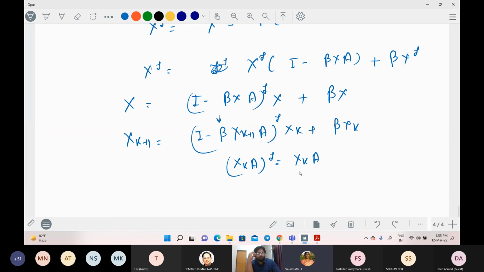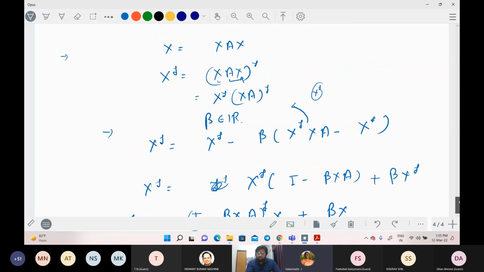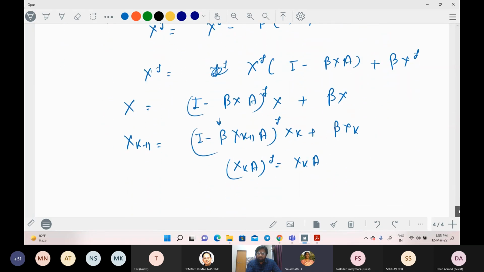Whatever you have given, x star is equal to x star, when you equate both sides. But when you take it as an iterative part, the next state x of k plus 1 is equal to some expression into x of the previous state plus beta into the previous state. How can we relate the previous and the present as a single expression?